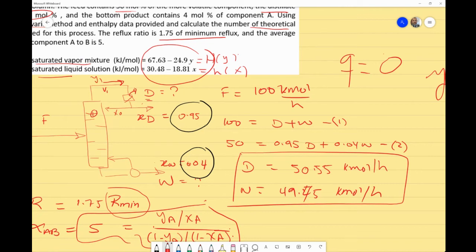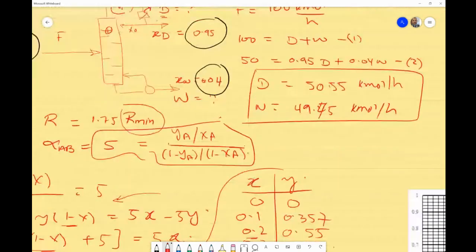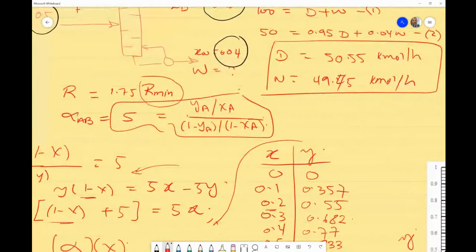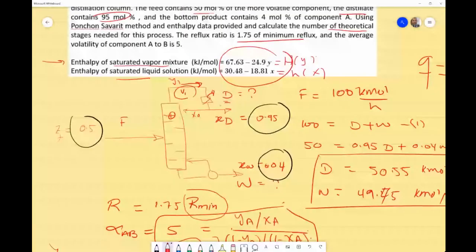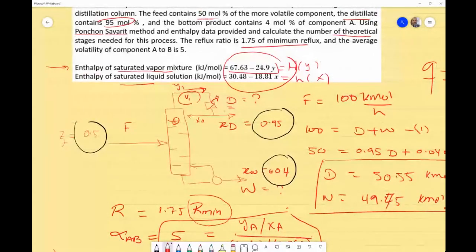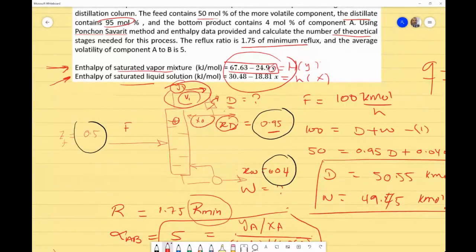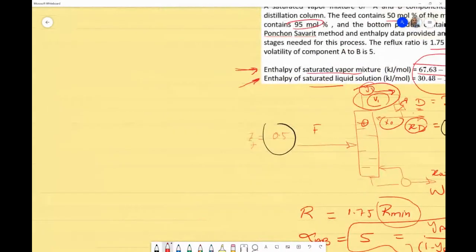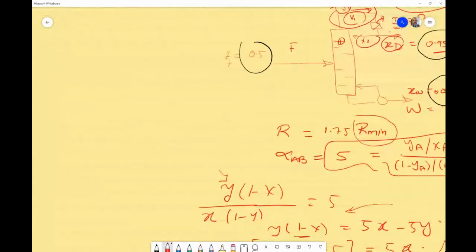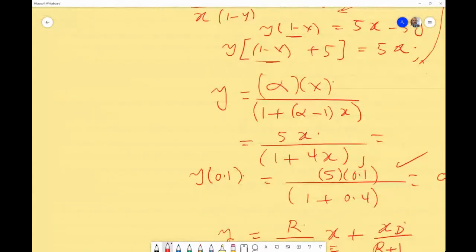So when I ask what the value of H1 is, it's a saturated vapor. I don't substitute in this equation because it's vapor here. So I substitute in this equation and I put Y equal to XD, because the compositions Y1, XD and X0 are all the same. So I have the equation ready.